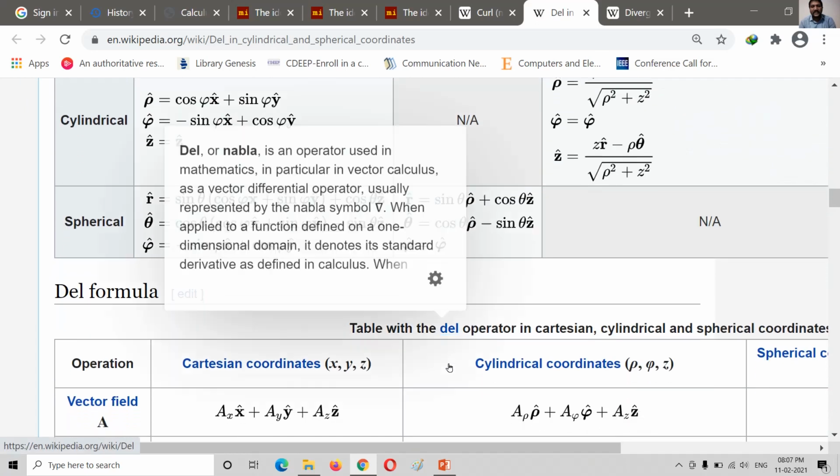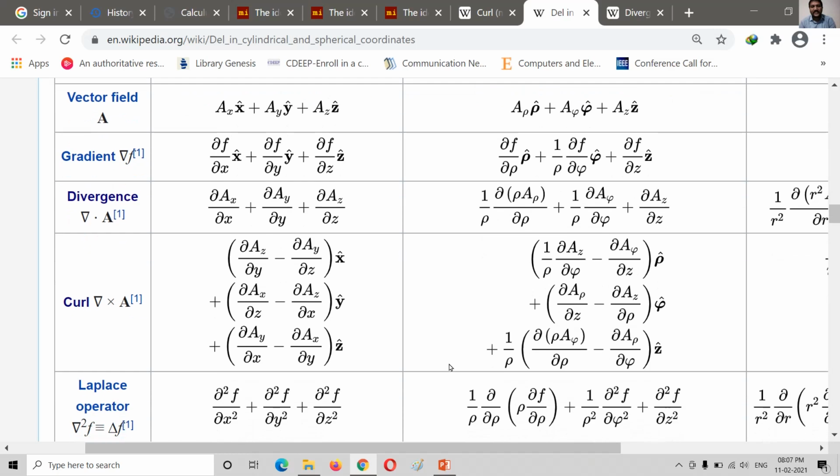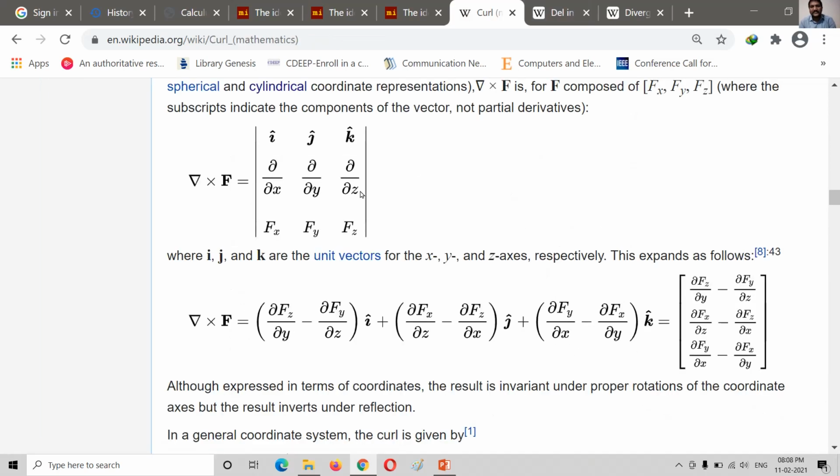We have the values, first we had seen the del operator, and the same thing can be denoted with rho, phi, z. So instead of del by del x, del by del y and del by del z, we have del by del rho, then 1 upon rho del by del phi, and last del by del z.